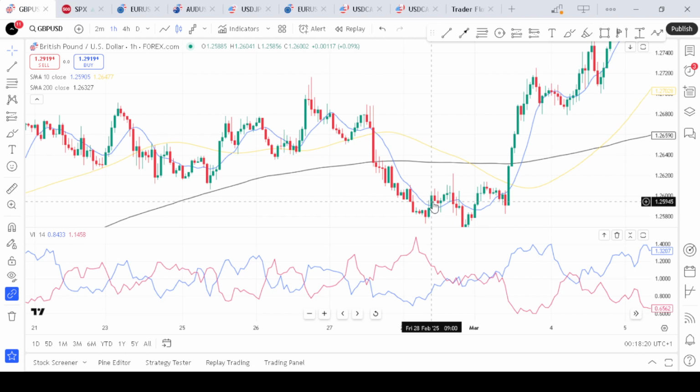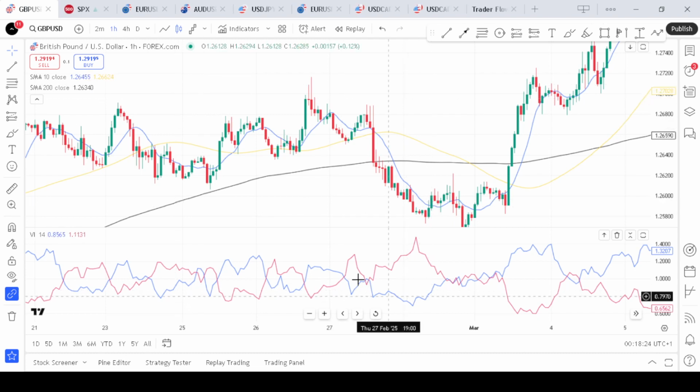You wait for the negative line to cross above the positive line. At this area, we can see the red line, which is the negative vortex line, crosses above the blue line, which is the positive vortex line. This signals our bearish sentiments are coming into the market.